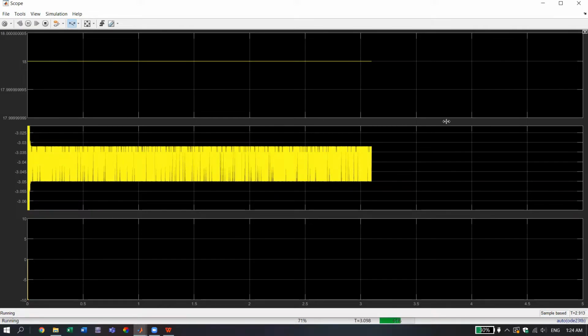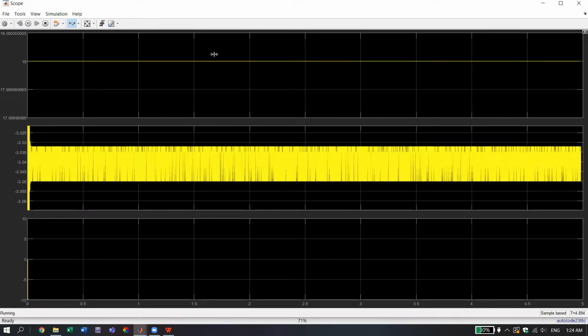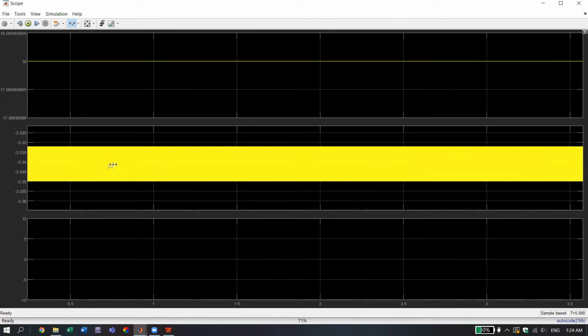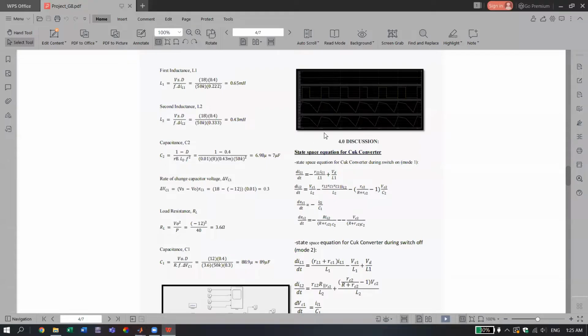For this waveform, we need to zoom in on the scale because the scale is very small. We will zoom in. This is the waveform. Same with the upper, the top and the bottom waveform, we need to change the scale too, and we will get the result like this.